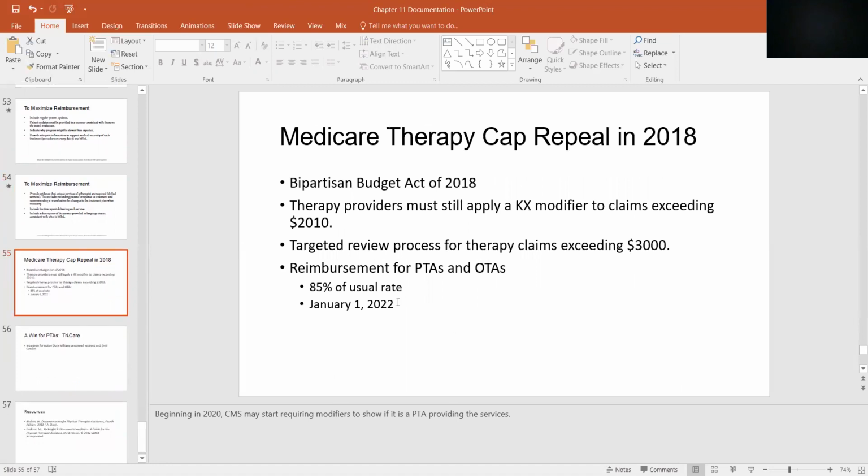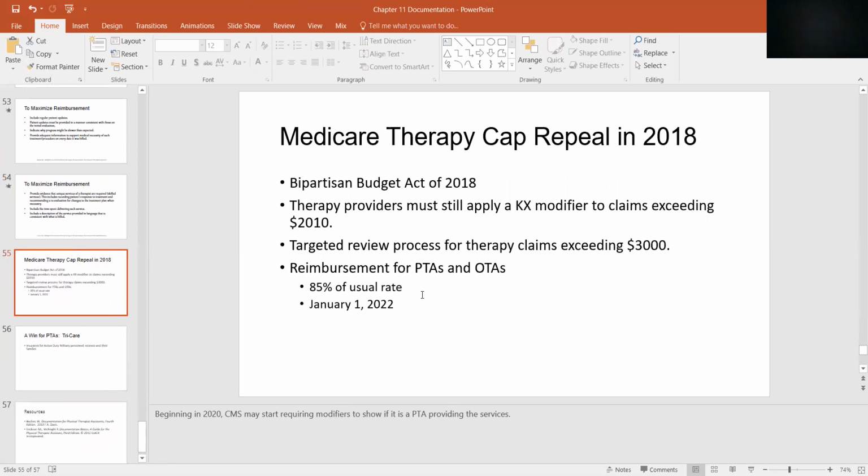Something that I want you to know about that just happened was the Medicare therapy cap repeal in 2018. In 1999, when I graduated from physical therapy school, Congress passed the Balanced Budget Act, BBA.